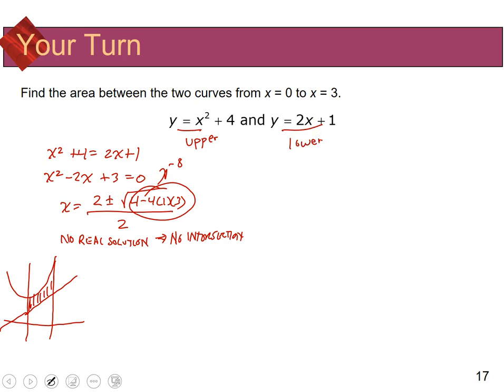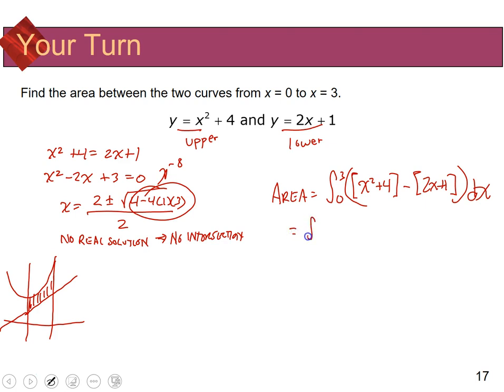So the area between these two curves is the integral from 0 to 3 of the upper, x squared plus 4, minus the lower, 2x plus 1, dx. I'm going to simplify a little bit first before I start taking any antiderivatives.